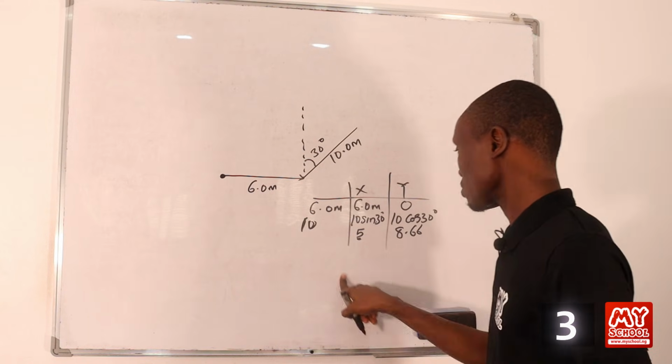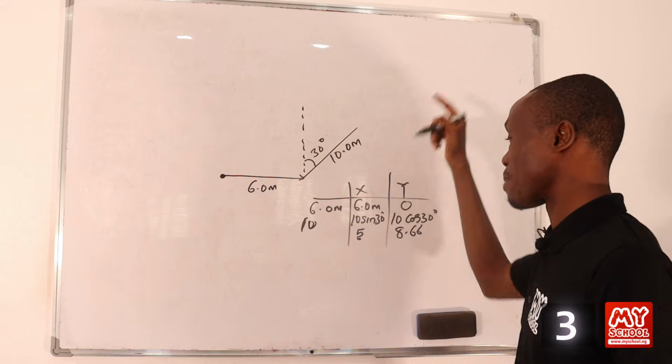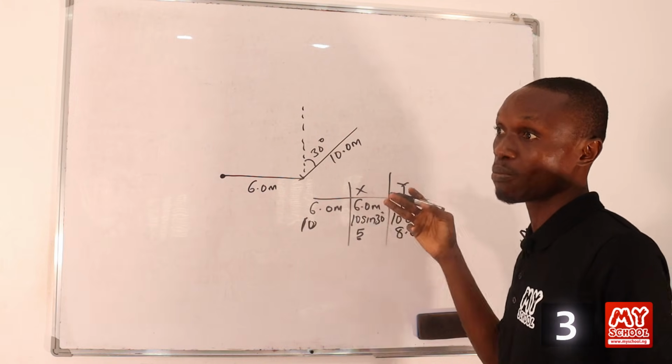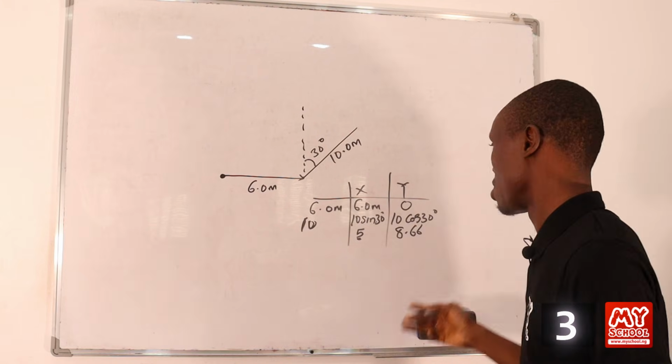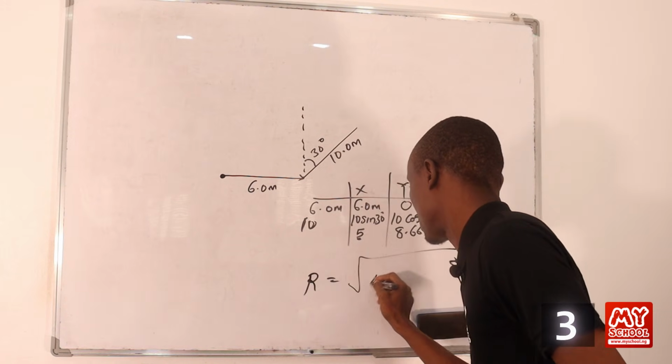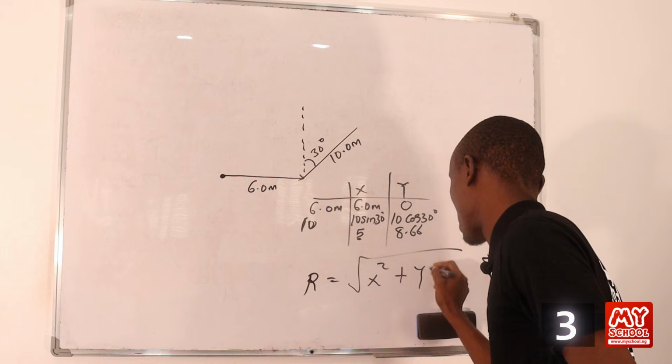So now we can get the magnitude, which is what we are actually looking for, that is how far the man moved from his starting point. Let's call it R, which is equal to the square root of x squared plus y squared.